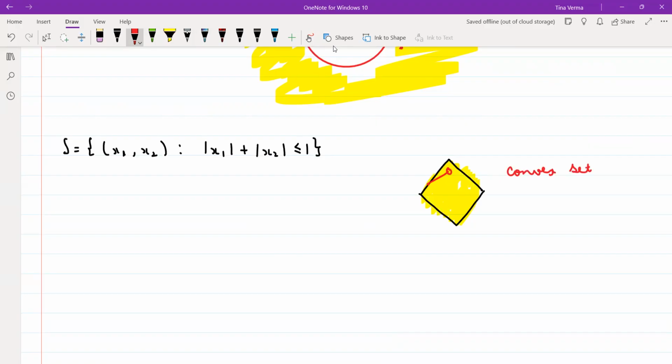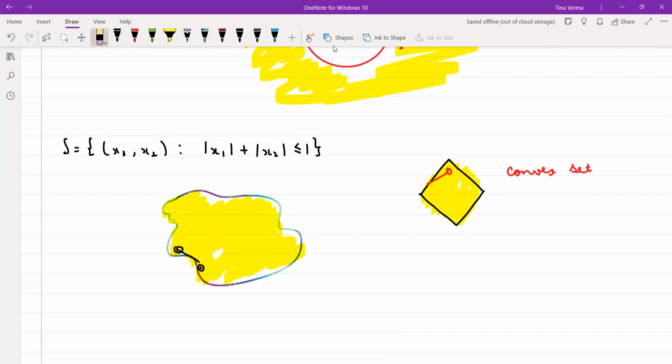So this is my convex set. Even if I give you any graph or any figure, suppose I am plotting this, and this is my feasible region. If you want to check whether this is convex or not, how will you check? Take 1 point here, where your cases can contradict.